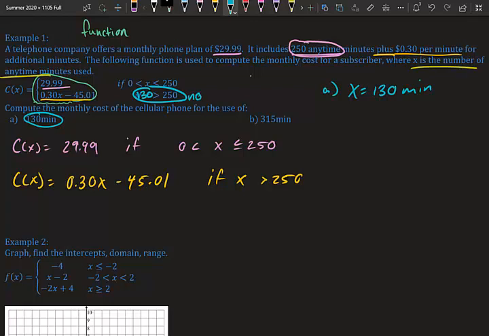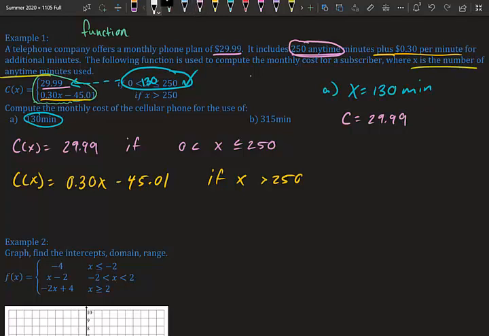No. Is 130 between 0 and 250? Yes, it is. Since it works for this domain, I'm going to plug it into the equation directly left of it. When x is 130, the cost is $29.99. I have nothing to plug in. That's my answer.